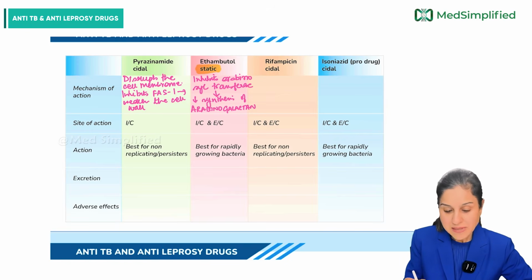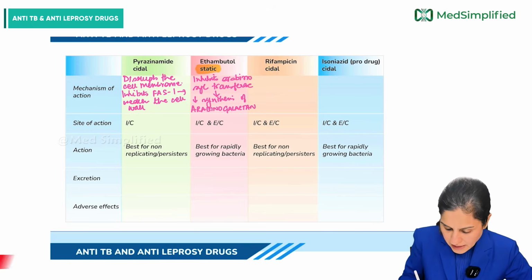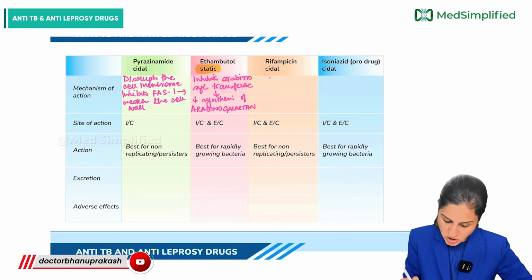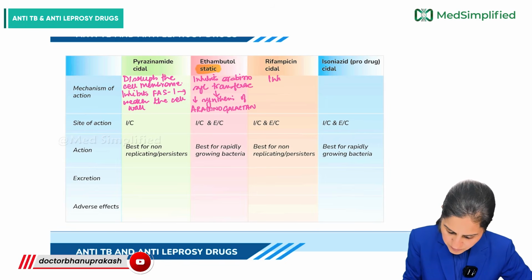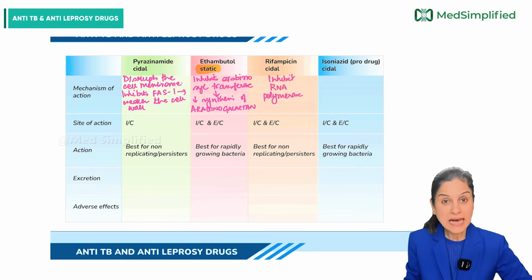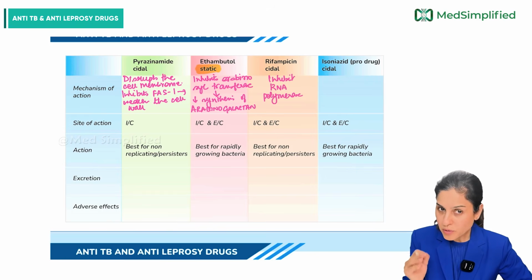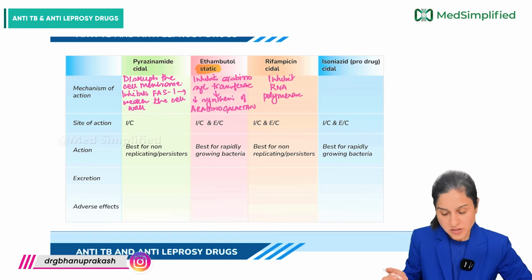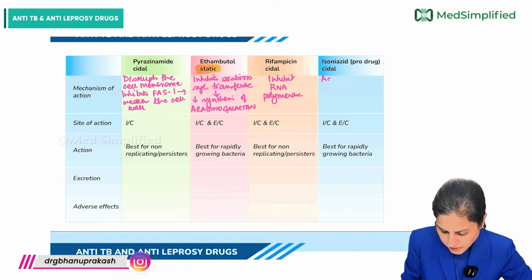Rifampicin. R for rifampicin, R for RNA polymerase. So this is going to inhibit RNA polymerase. Isoniazid is a prodrug. It needs activation, an important point.